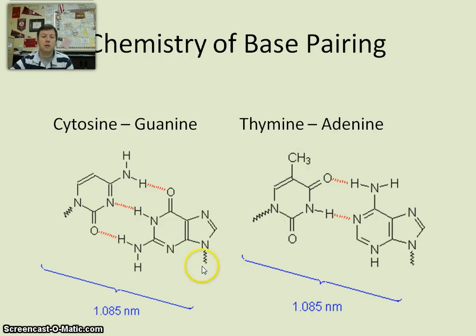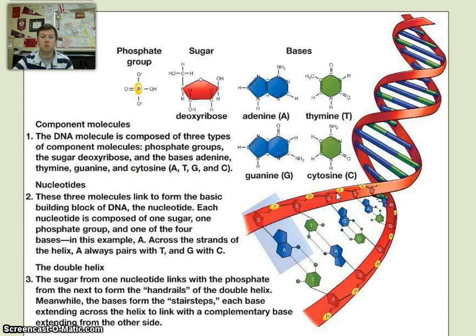With that in mind, our cytosine-guanine pair forms 1, 2, 3 hydrogen bonds, where our adenine-thymine pair forms 1, 2 hydrogen bonds. So here's a nice wrap-up of everything going on within this DNA unit. All right, here's your sugars, your phosphates, and then your 4 bases.